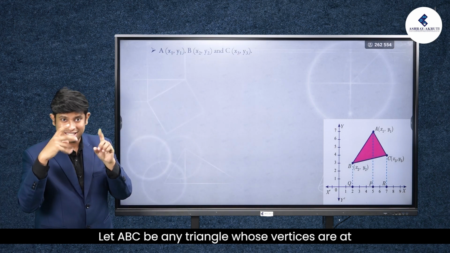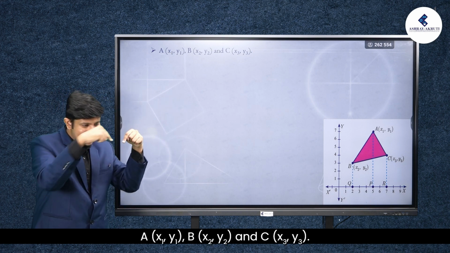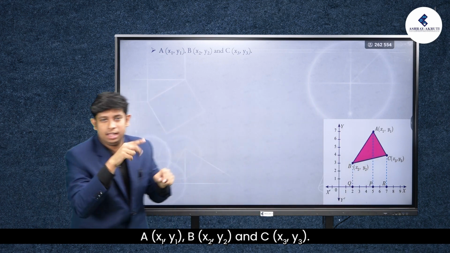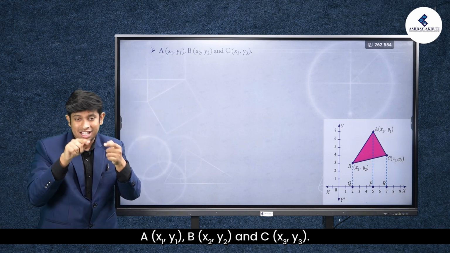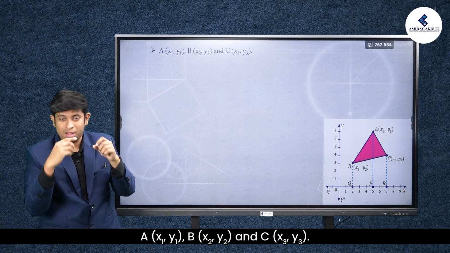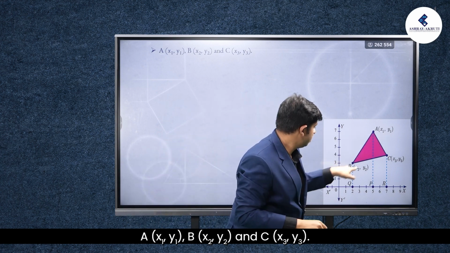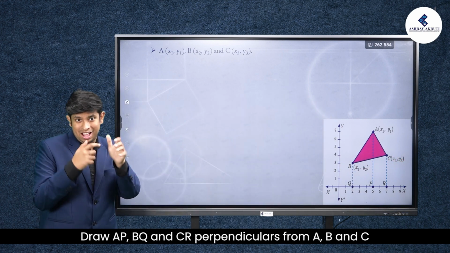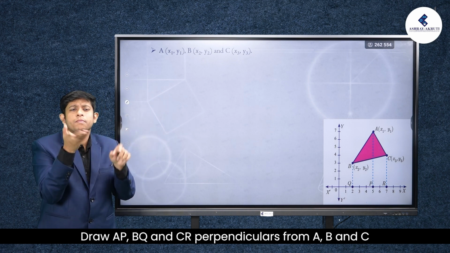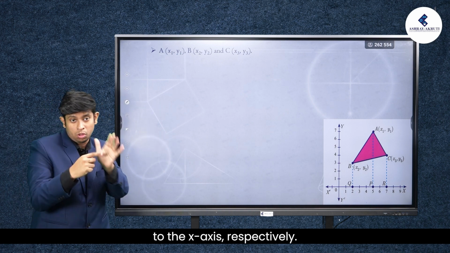Let ABC be any triangle whose vertices are at A(x1, y1), B(x2, y2) and C(x3, y3). Draw AP, BQ and CR perpendicular from A, B and C to the x-axis respectively.